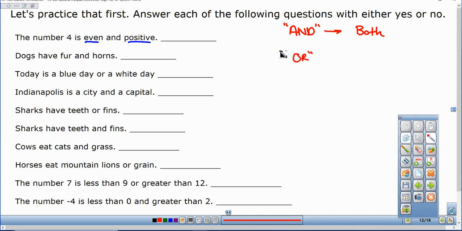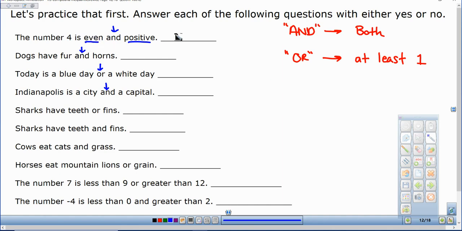"Or" is where at least one needs to be true. So I'm going to underline the things that are true, and then we'll determine, using the word "and" or "or", whether the example in the statement is a true statement.